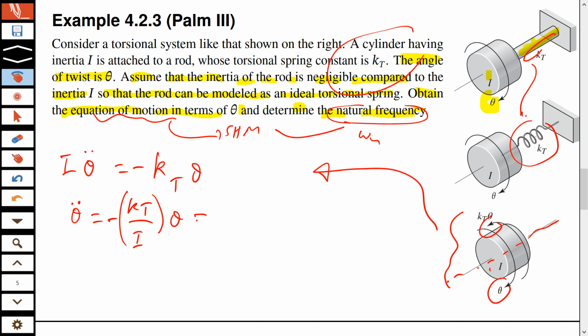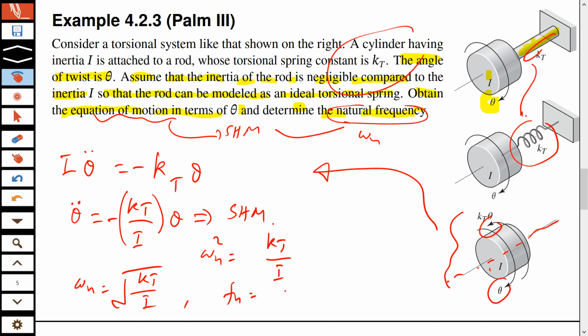So this is very easily written as a simple harmonic motion. So omega n squared is kt over I, and omega n is that quantity square rooted. And if you want fn, you can also divide it by 2 pi later, okay.